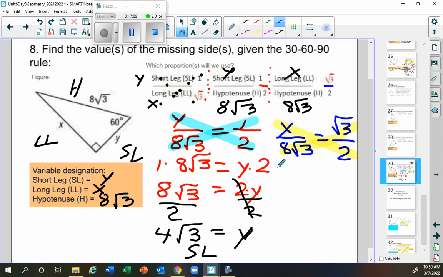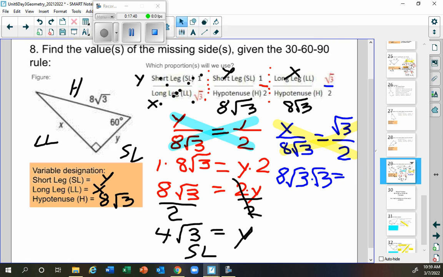So we have 8 square root of 3. We're going to multiply by this other square root of 3. We agree? Zoe? Edwin, you see what we're doing here with this problem? Equals, I'm running out of room. That's going to equal 2y. Hold on, let me move this down a little.